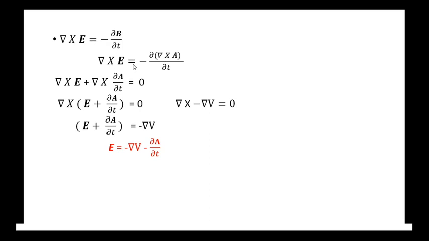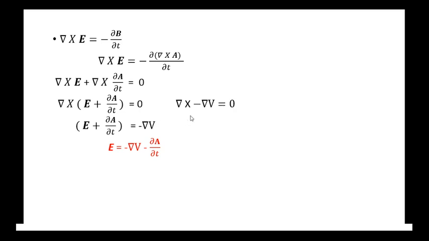So del cross E is equal to minus dou by dou T of, substituting B as del cross A. Rearranging, taking the right hand term to the left hand side, we have del cross E plus del cross dou A by dou T is equal to 0, or del cross of E plus dou A by dou T is equal to 0. Here we have the fact that the curl of the gradient of a function is equal to 0.